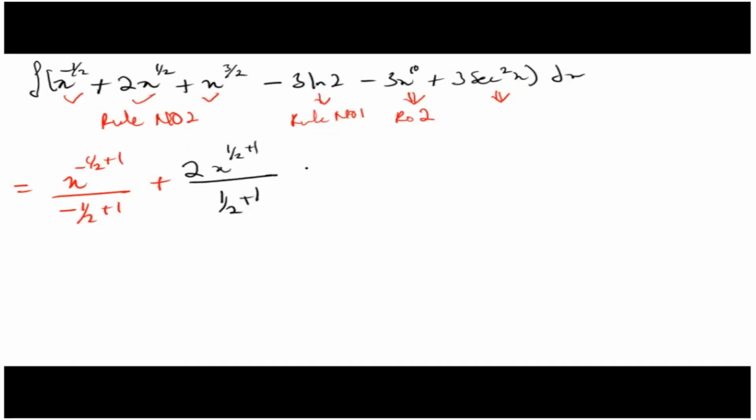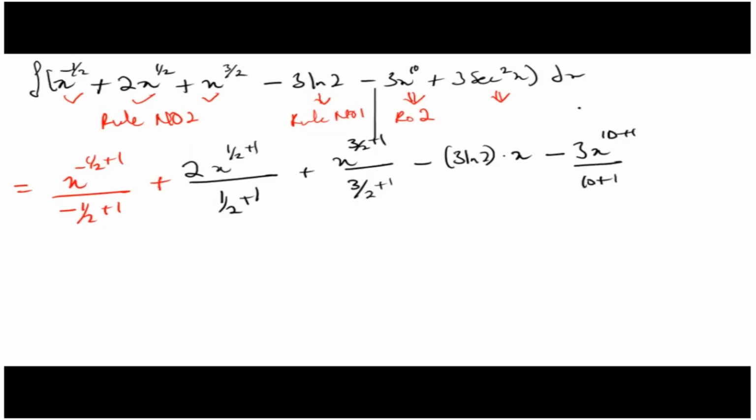Then this one is x raised to 3 over 2 plus 1 over 3 over 2 plus 1. Then here is 3 ln 2 times x, because it's a constant. Then here is 3x raised to power 10 plus 1 over 10 plus 1.